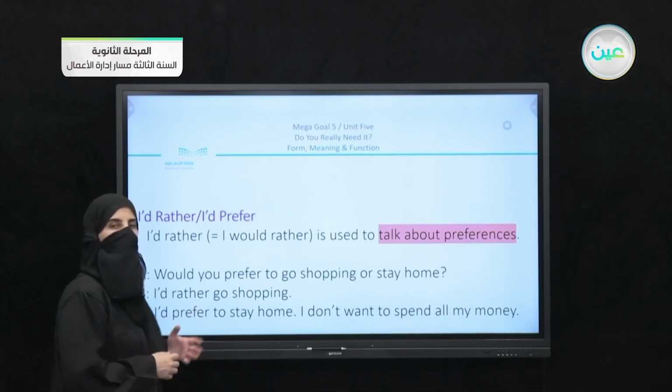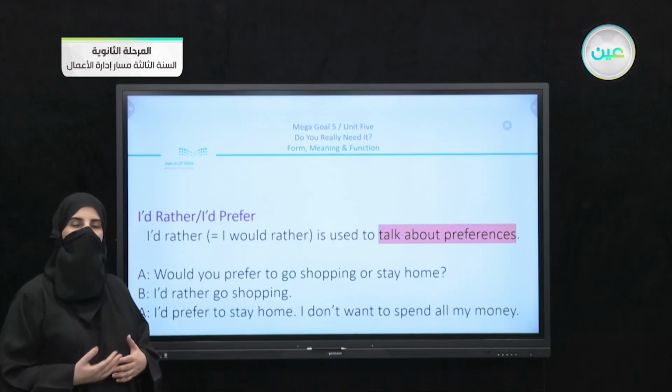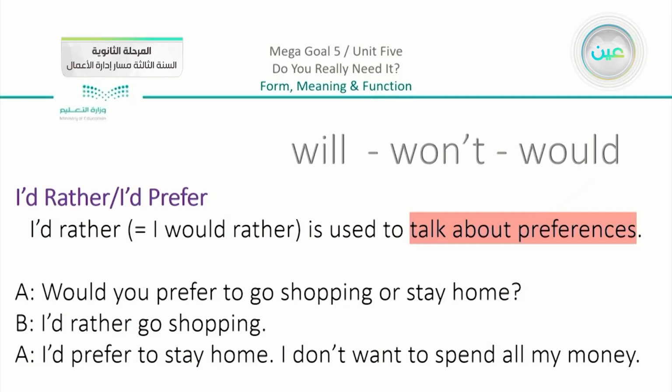Now we can add something else. Since we are talking about will in the future, and we did mention something about won't, that is the negative part, we are going to add also would, which is in the past tense. So would is the past of will. Now we are going to use this form with either rather or prefer.